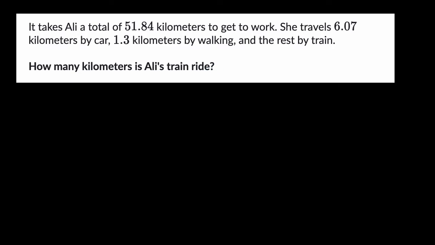Okay, so if we were to add the train ride plus the walk plus the car, it should total up to 51.84 kilometers. Now we know what the walk is and what the car ride is. We just need to figure out the train ride.